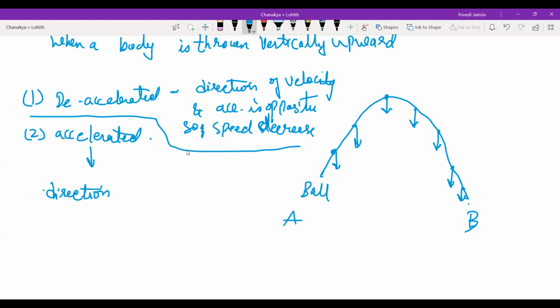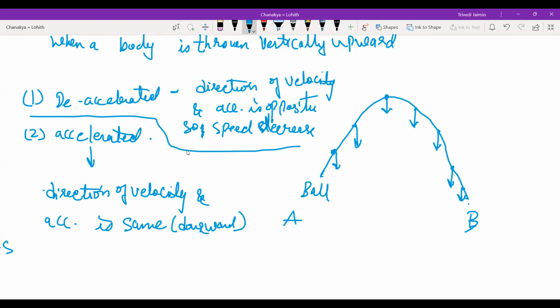That means downward direction. And velocity is the same, that is downward direction. So speed increases. Now tell me, is it on side A or side B?